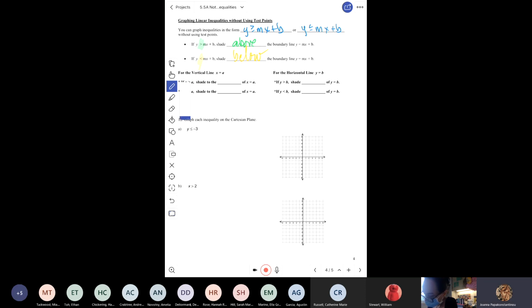So if I'm looking at x is equal to a, which is the standard form for a vertical line, if I take that equality and I replace it with a greater than symbol, which direction am I shading?